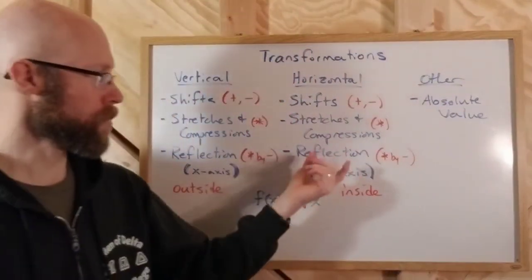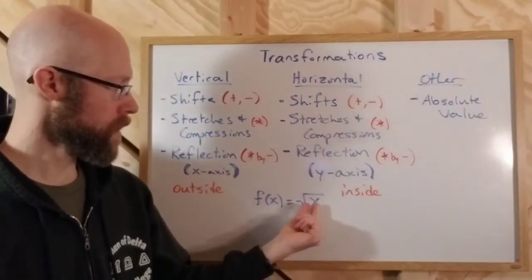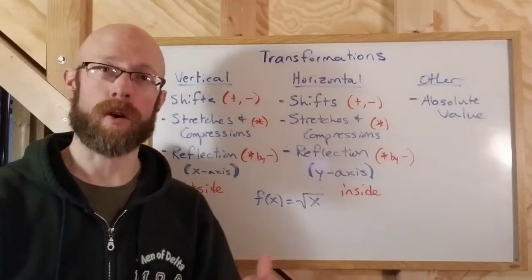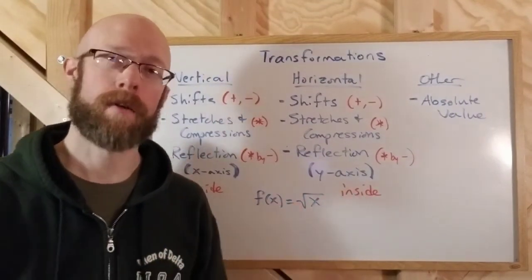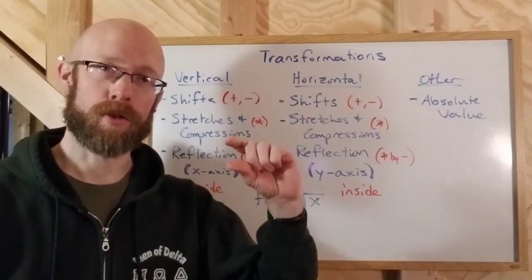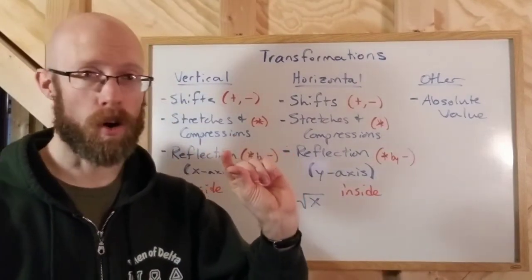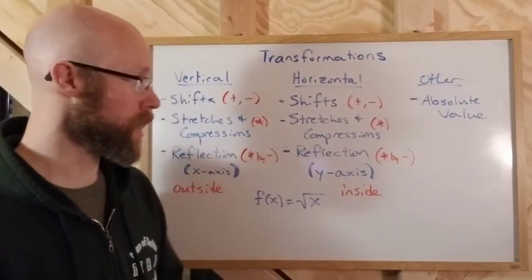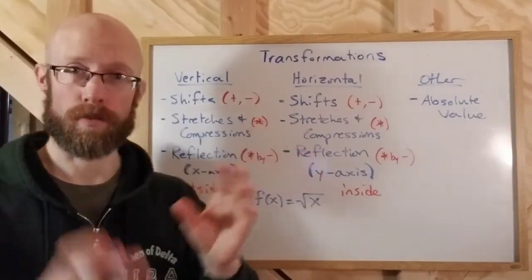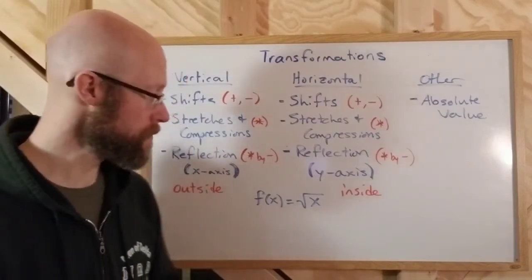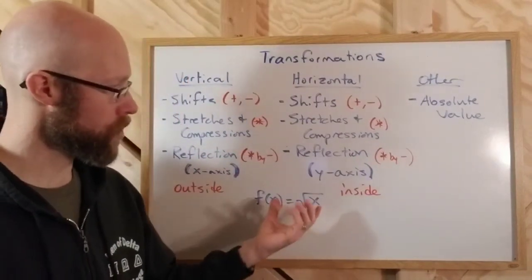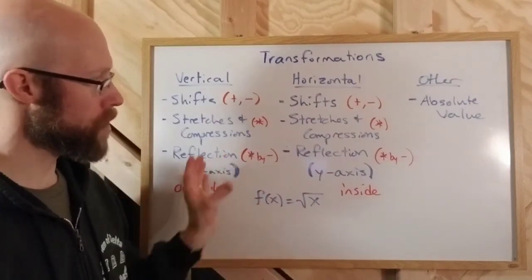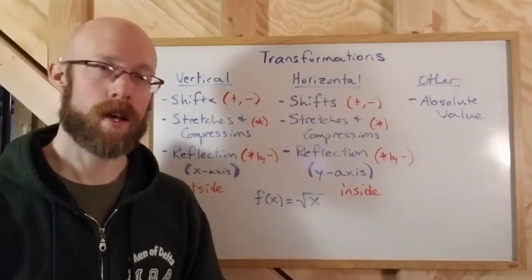So if I were to multiply this x on the inside by a negative, like the square root of negative 5x, that negative produces a reflection horizontally. The 5 would also create either a stretch or a compression. We'll talk about that later.